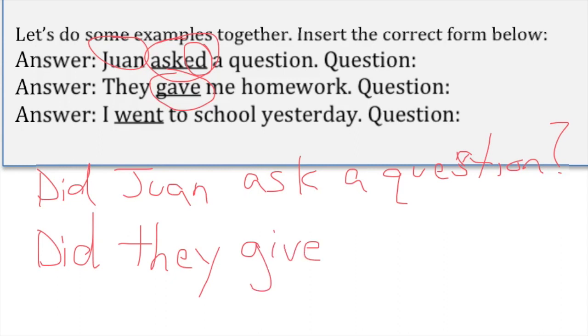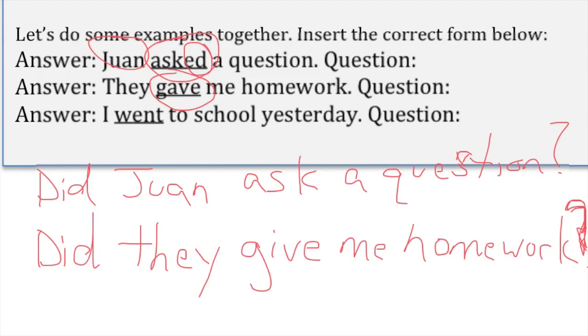And let's finish it up. Did they give me homework? Question mark. With my horrible question marks. I'm sure you guys could write a lot better question marks than me, even though I was born speaking English. Anyway, so, did they give me homework? Good job.